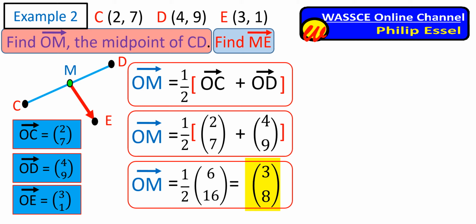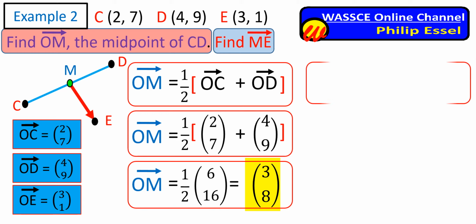Half of the vector (6, 16) will give us the vector (3, 8). So we have been able to do the first part of the question, which is for us to find the midpoint of the line segment CD, and that is (3, 8). So the vector OM is (3, 8).